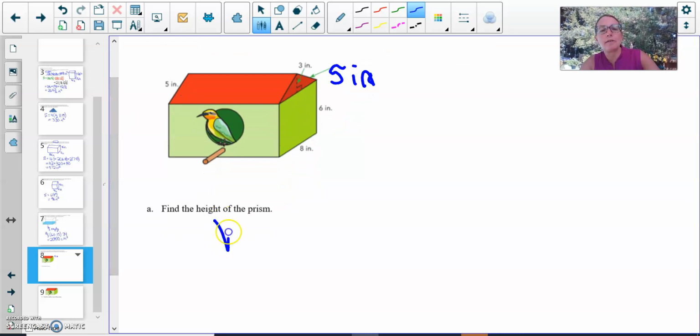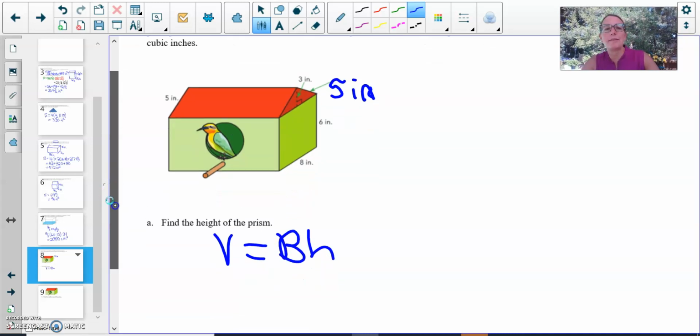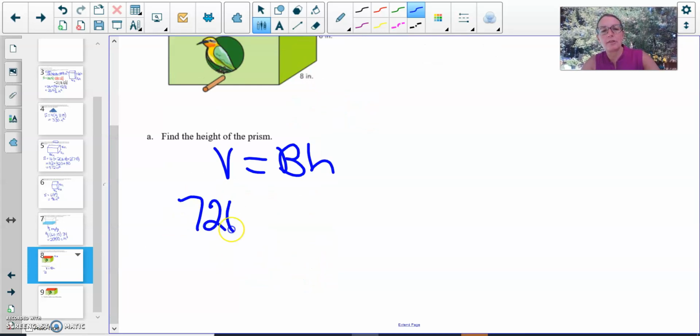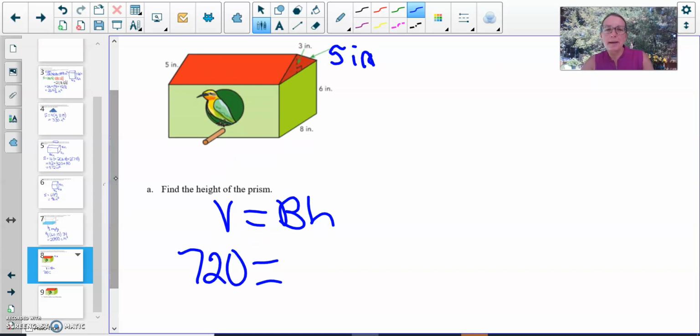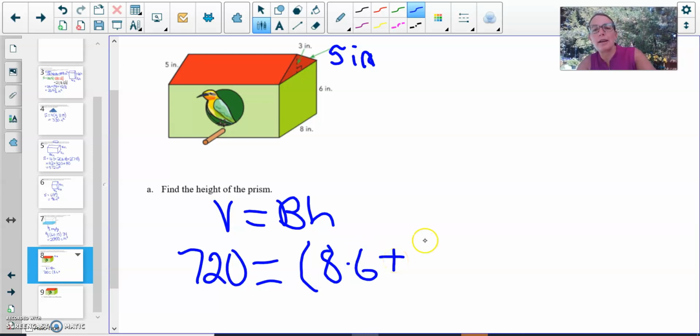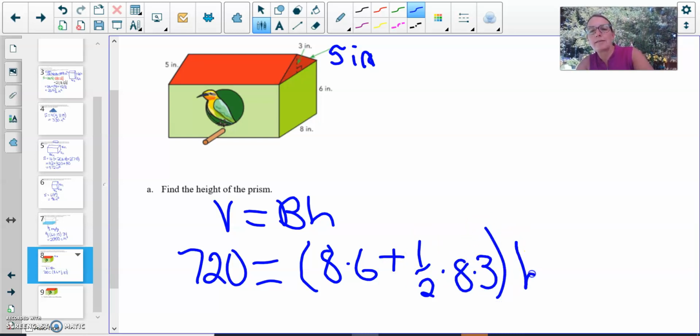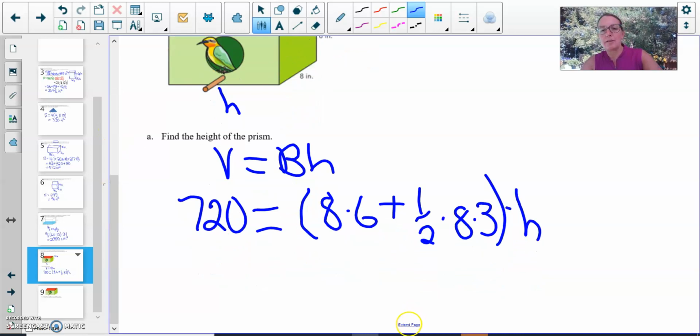All right, we're talking about volume, so we have to use base area times height. They told us the volume was 720. We get 720 equals the base area, which is the area of the pentagon. We can split it into the area of the rectangle, which is 8 by 6, plus the area of the top triangle, which is 1/2 of 8 by 3. That entire amount is going to be multiplied by the height of the prism, which is what we need to find. So now we have to do some algebra work.